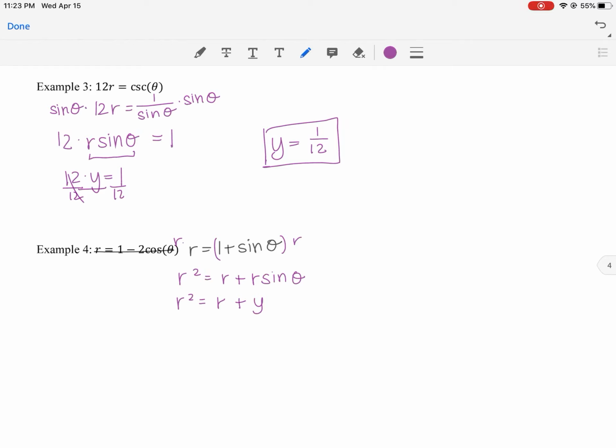That's a good sign. At this stage, well, we know r squared is x squared plus y squared equals r plus y. Let's just get r all alone, so I'm going to subtract y from both sides. And that equals r. Okay, at this stage, this is the part that's a little funky.